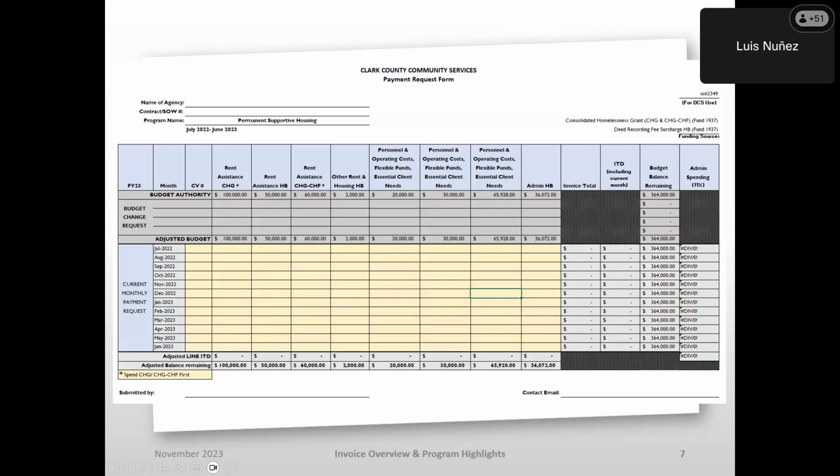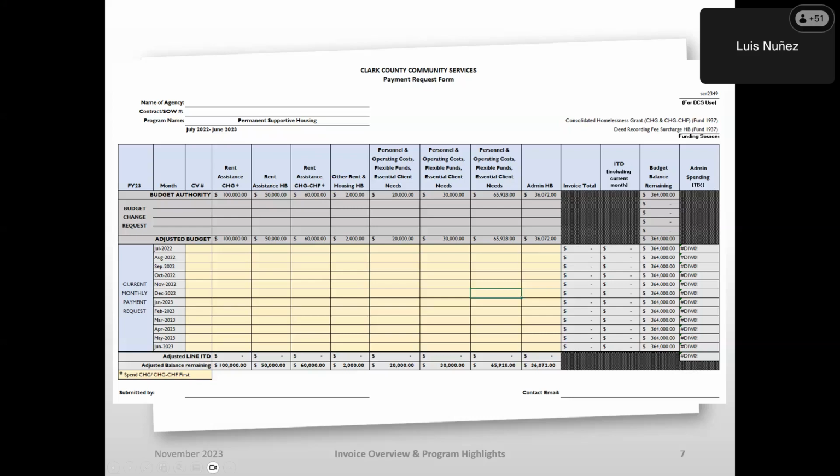And then another thing to note on this is the admin spending section. Since this example only has one type of funding source for admin, all admin would be spent out on that one. On the far right, the admin spending has a percentage, and this percent is important to keep following.